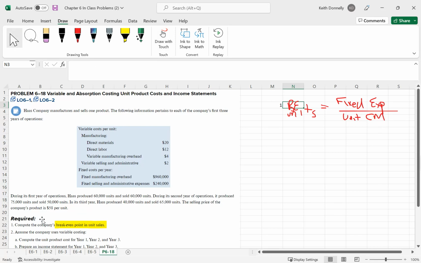They want this for the company here. So first thing we need to figure out is our unit contribution margin. We'll start with this guy right here.